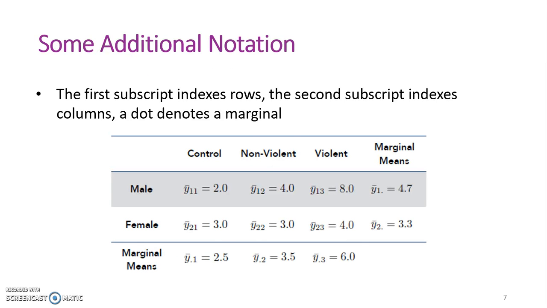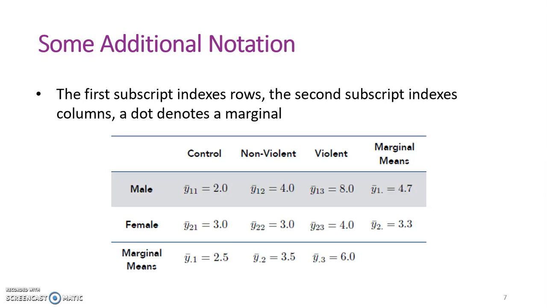There's some additional notation that we use for marginal means, and it helps us to create a decomposition of effects if we want to refer to them in an equation. Each of the 6 cell means has a subscript. The first subscript indexes the row, and the second subscript indexes the column.